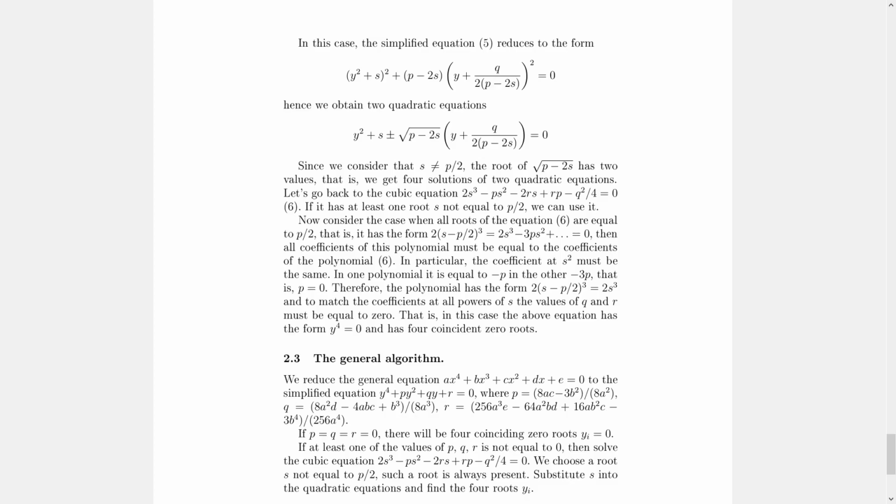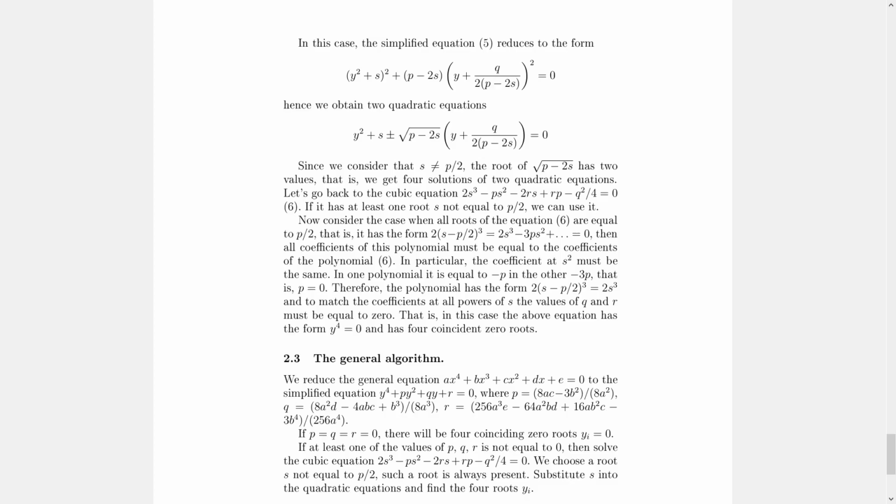That is, it has the form 2 multiplied by s minus p divided by 2, cubed, which equals 2s cubed minus 3ps squared plus etc., equals 0. Then all coefficients of this polynomial must be equal to the coefficients of polynomial 6.